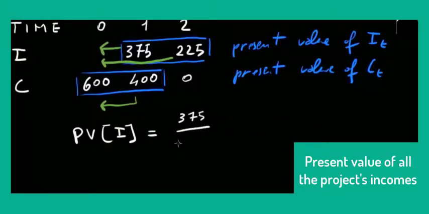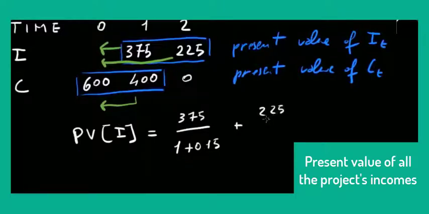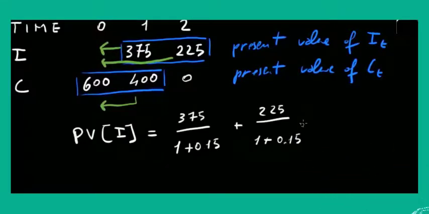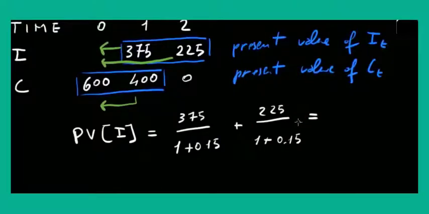First income discounted by the cost of capital. We remember that we assumed 15% as the cost of capital, plus 225 divided by 1 plus 0.15. This makes 496.26.